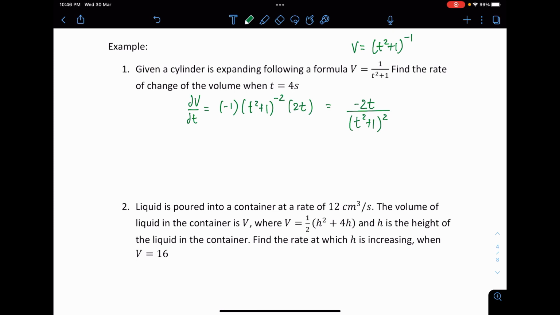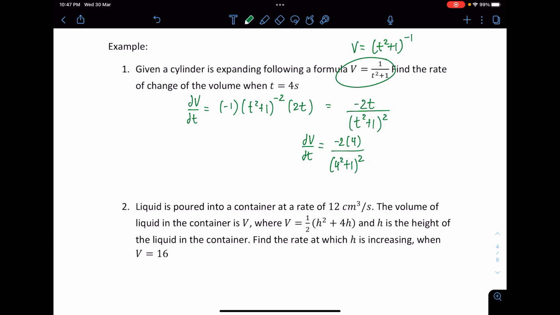Now, find the rate of change of the volume when time is 4 seconds. So I just put 4 inside. You see that in this question, there is no need to build up like the previous example that I showed you, getting the 3 pieces of information and so on. Because in the beginning, we already have an equation connecting our volume and time.